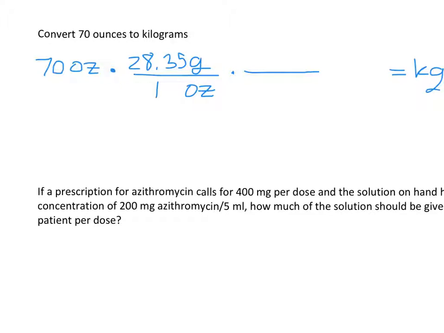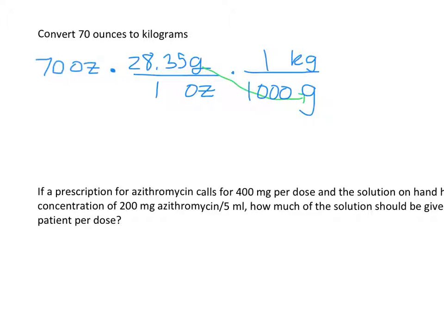And then our next ratio, we can go from grams to kilograms. And just to remind us how we know where to put which of those things, we want this grams to cancel out. So we want to put grams in the denominator, so those will cancel out, and then kilograms in the numerator. There are 1,000 grams in a kilogram.